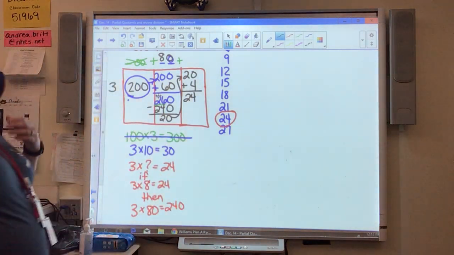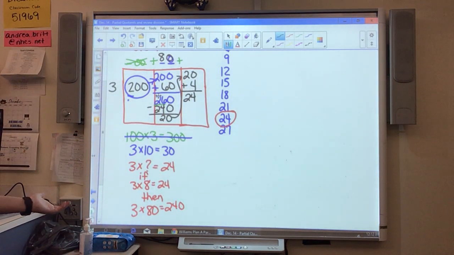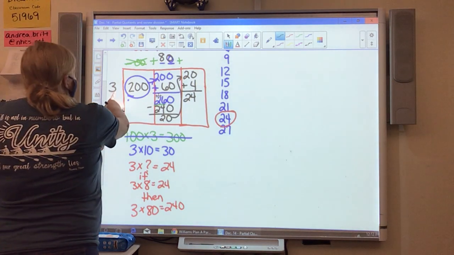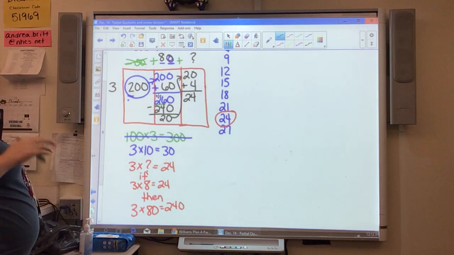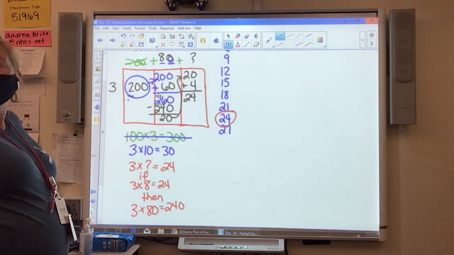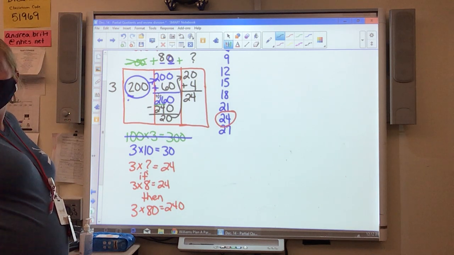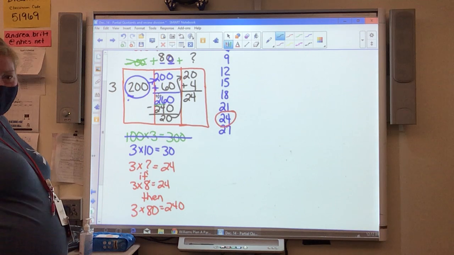All right. Now I have to ask myself, I've got my multiples there. I have to ask myself, 3 times what number can get rid of that 24? 3 times 8 will get rid of 24.